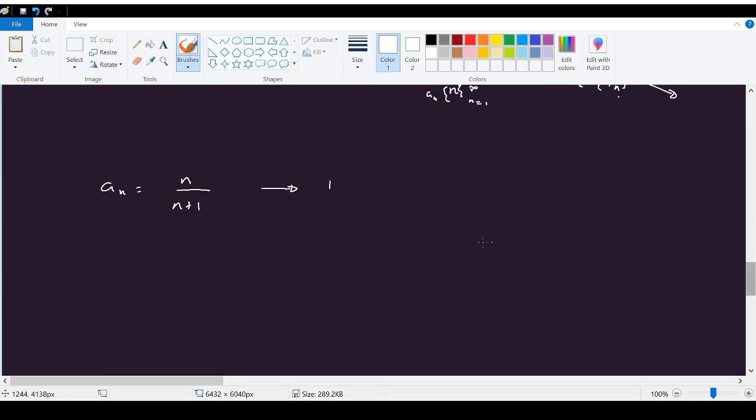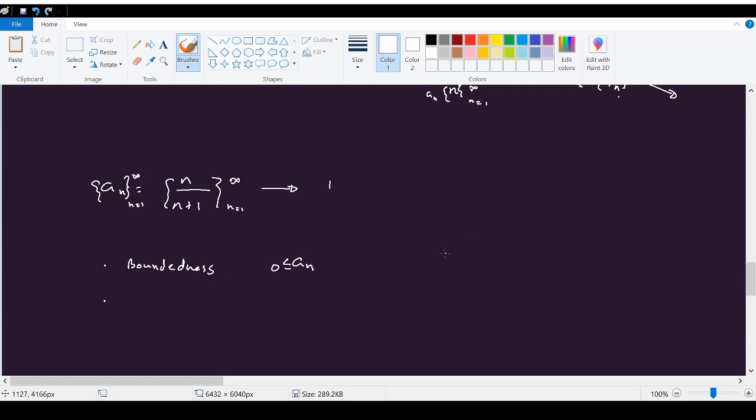sequence theorem. In order to apply the monotonic sequence theorem for this sequence, we should check two properties. The first one is whether it is bounded or not, and the second property is whether it is monotonic or not, right? Now, for the boundedness, you can clearly see that if n is greater than or equal to 1, then an is greater than or equal to 0.